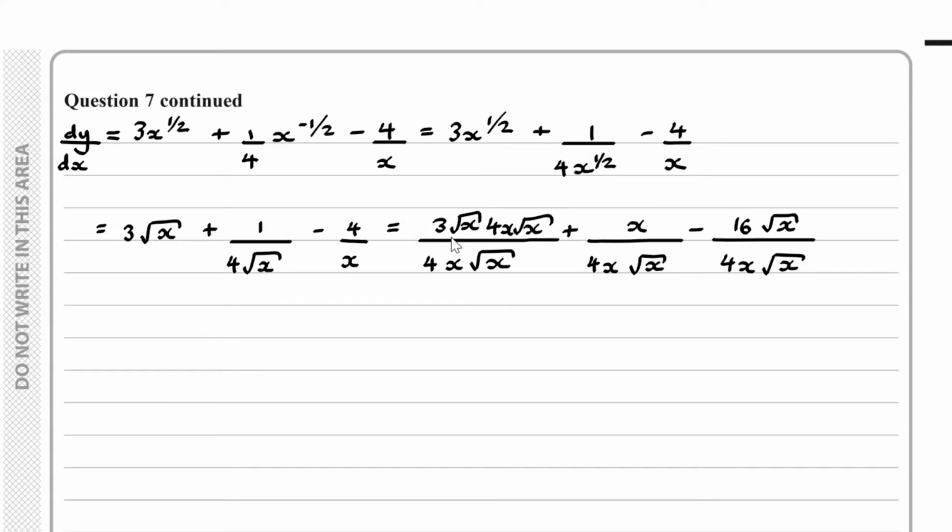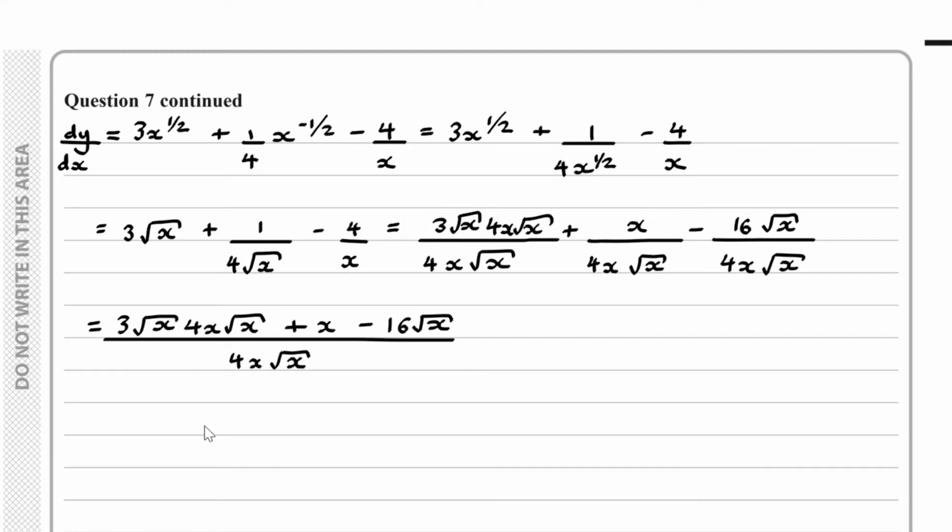And now we can combine the fractions because we have a common denominator. So on the top we have 3 times by root x times by 4x times by the square root of x plus x minus 16 times by the square root of x. And on the bottom we have 4x times by the square root of x.